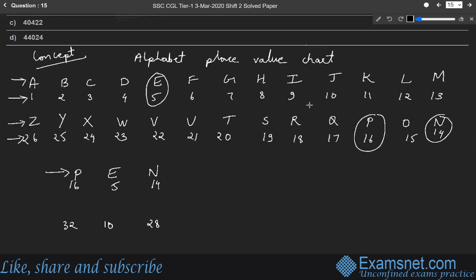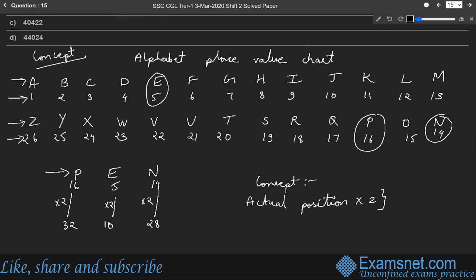Now the concept is 16 multiplied by 2 gives 32, 5 multiplied by 2 gives 10, and 14 multiplied by 2 gives 28. So the concept here is actual position multiplied by 2.